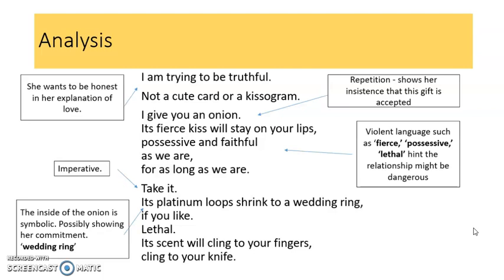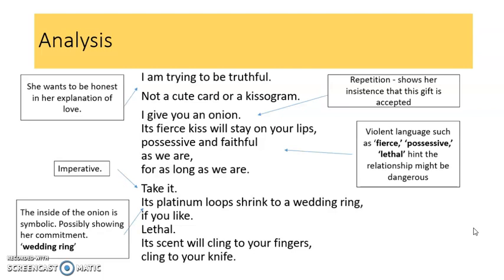So the inside of the onion is becoming symbolic, possibly showing her commitment. That term wedding ring, if you exchange wedding rings and you marry someone, that is quite a strong commitment and symbol of your love. Then you've got another word here, lethal, bringing back that violent language that we'd seen before.